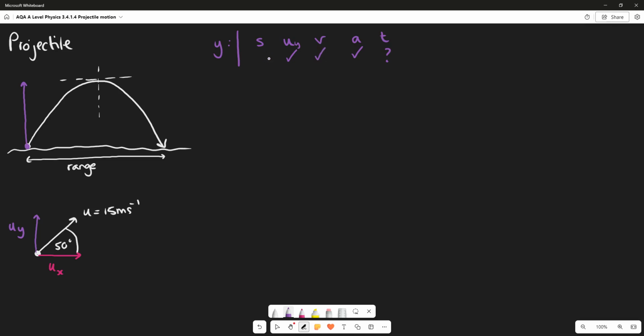We could calculate the height that it reaches if we want to, but we don't need to do that. We've now got enough information. We would, though, have to double the time because we're only dealing with that part of the journey so far, and we need to double our answer for time in order to get the rest of the journey.